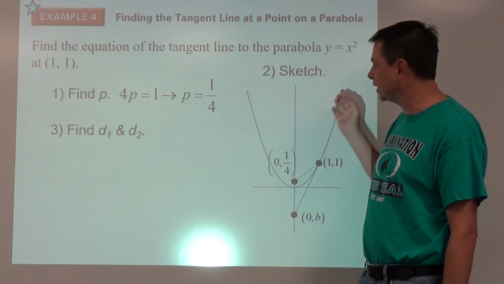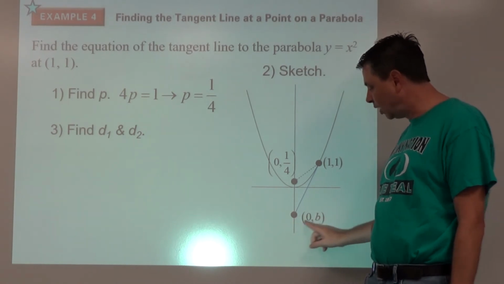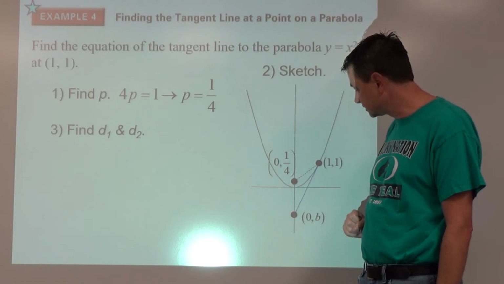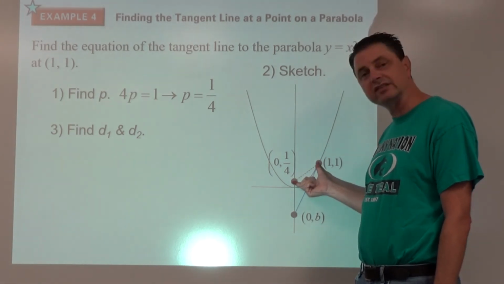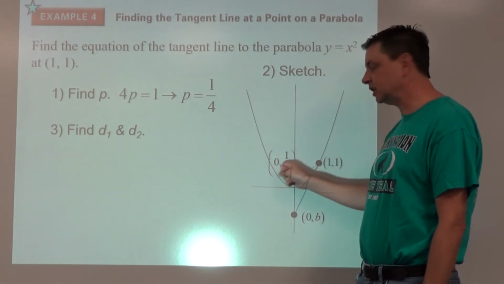Because we're trying to write the equation of the tangent line, we need a couple things. We need to know what's the y-coordinate for this point right here that's on the y-axis. So let's start with this. Let's do the distance formula between these 2 points.